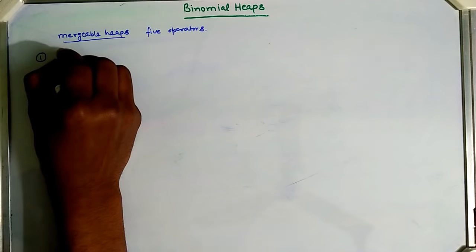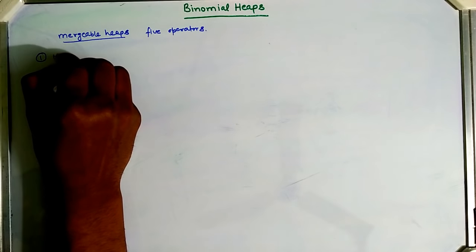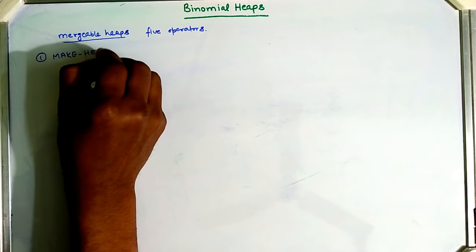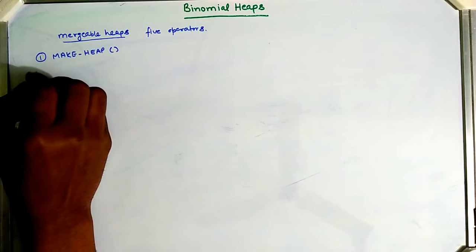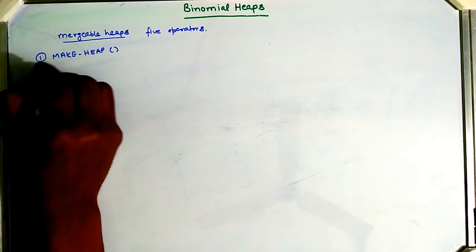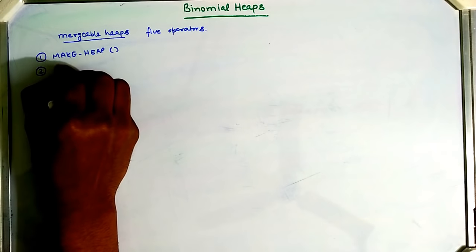First is make heap. This operation will create a new heap containing no element. Second operation is insert.